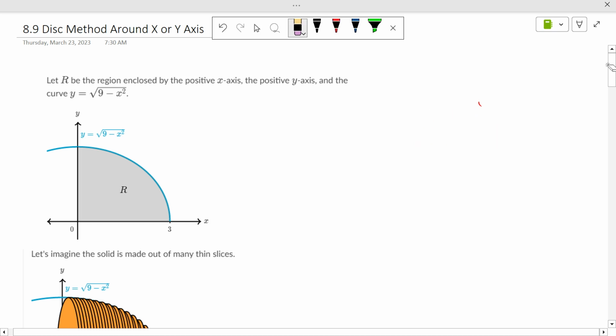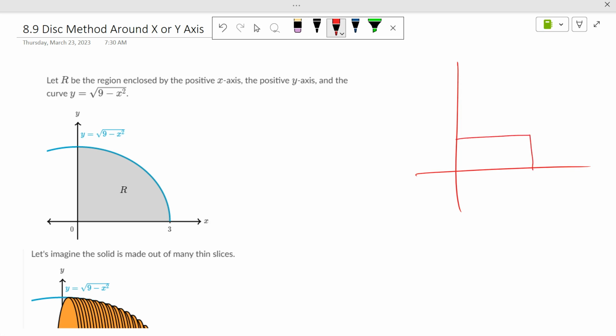Now we're going to take something like this and wrap it around either the x-axis or y-axis. If I take a rectangle and wrap it all the way around the x-axis, what do I create? A cylinder, a solid cylinder.